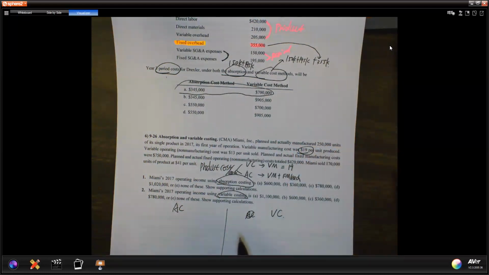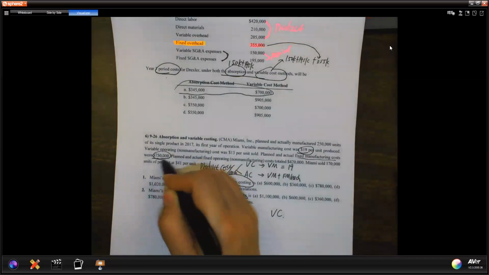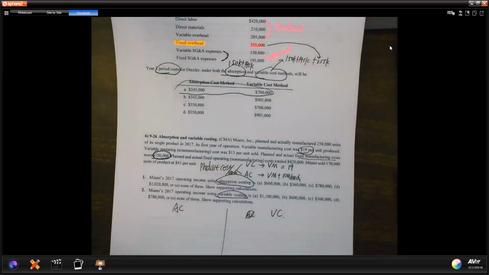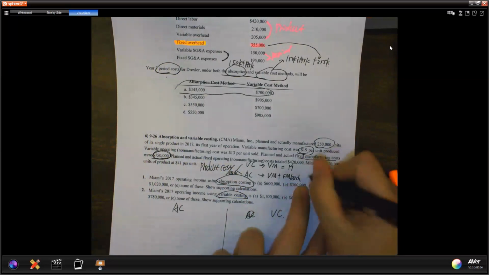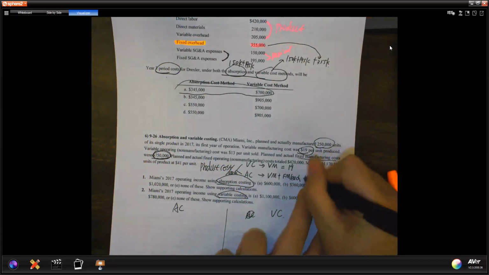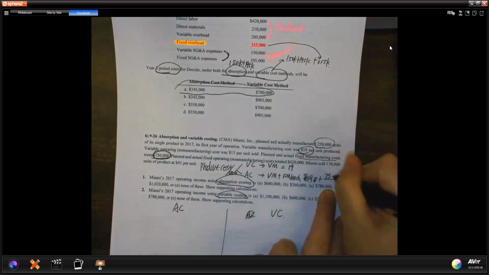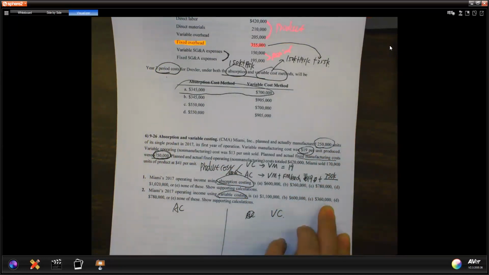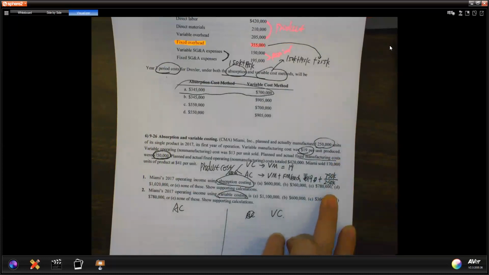And then it said your fixed manufacturing cost is $750,000. This is your total fixed manufacturing cost. You spend the $750,000 and you produce 250,000 units.